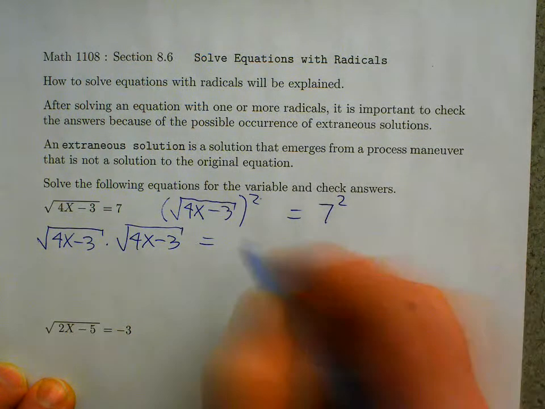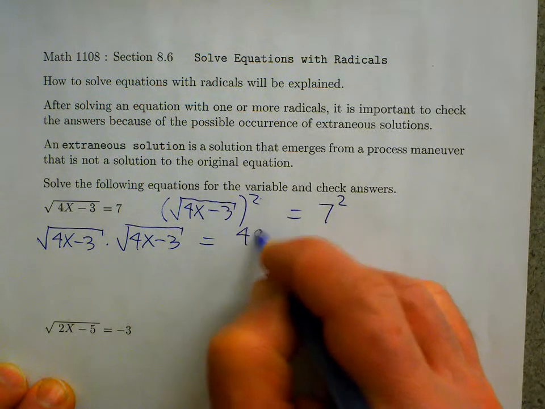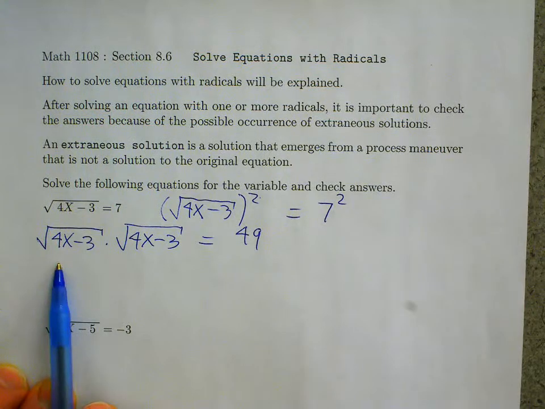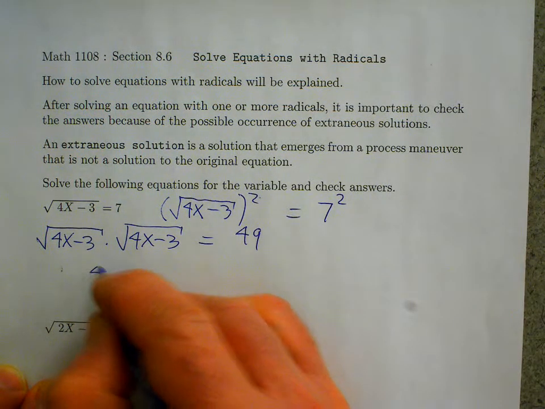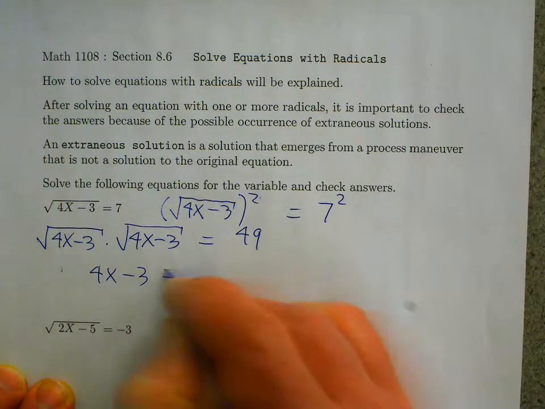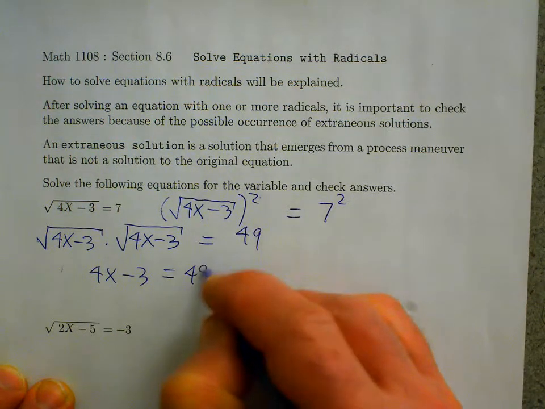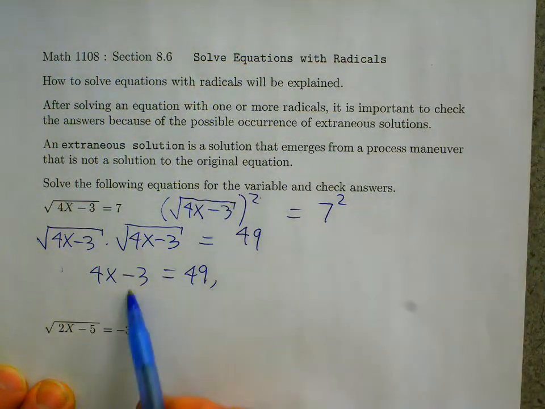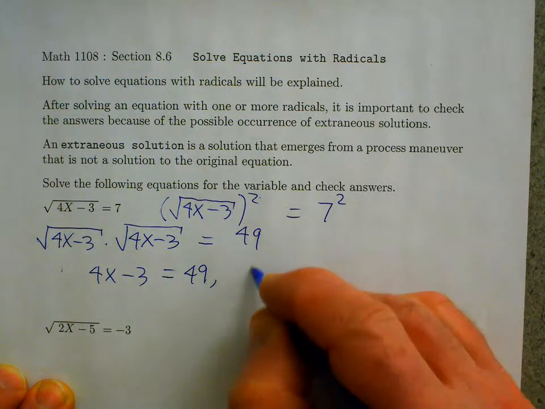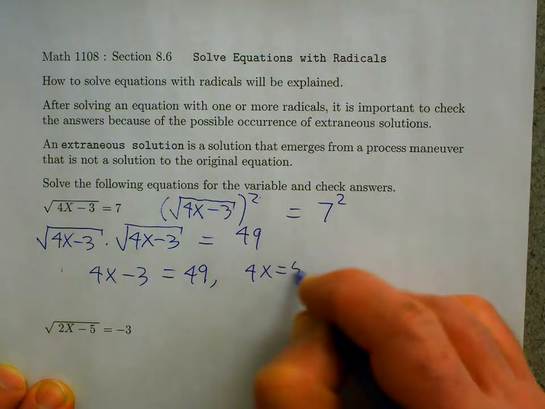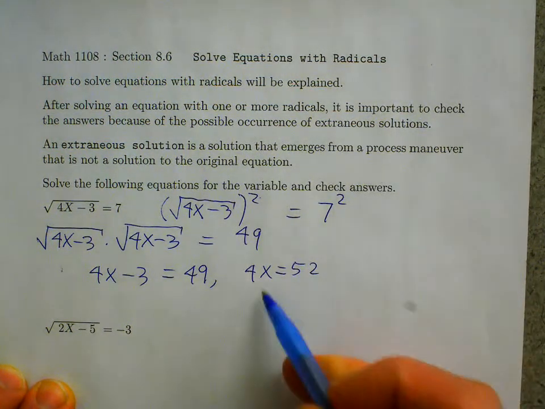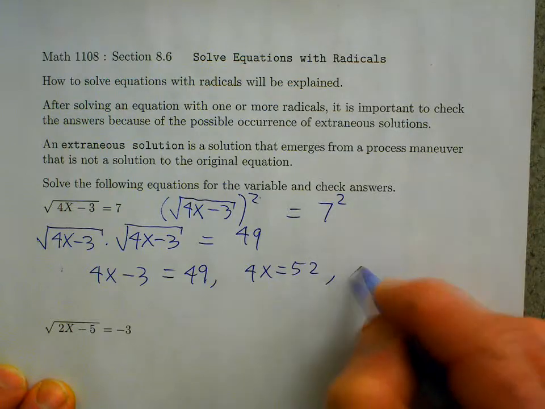And 7 squared is 7 times 7, or 49. And the left-hand side becomes 4x minus 3. So 4x minus 3 equals 49. Add 3 to both sides. We get 4x equals 52. Then divide both sides by 4, x is 13.